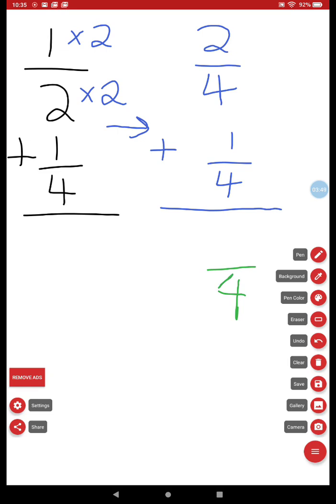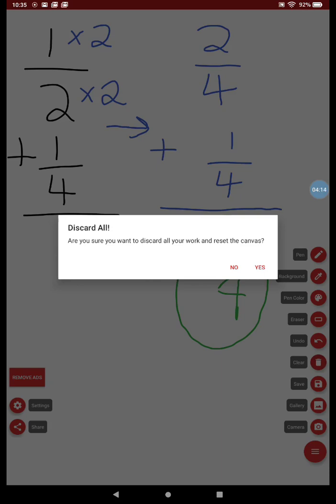And now I go ahead and add the numerators. 2 plus 1 is 3. And now I ask myself, 3/4, can that be simplified? No. Why not? Because 3 is a prime number. It can't be divided. So I'm done. 3/4. All right, guys, let's put that into practice with one more example, this time with bigger denominators.